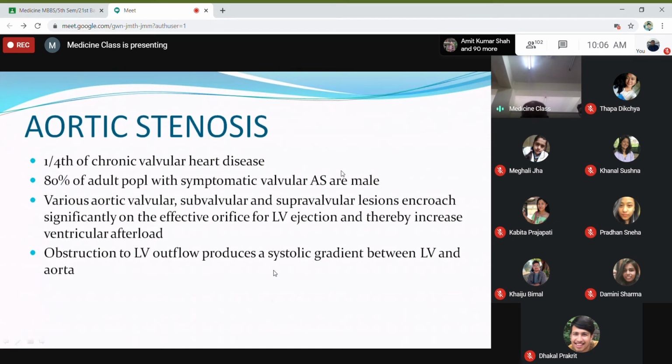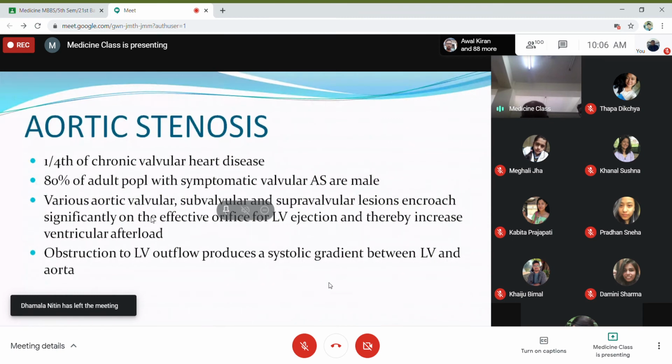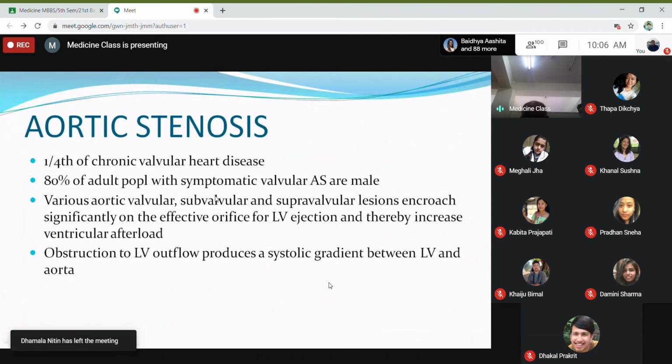And mainly it is obstruction, whether at the level of the valve, below the valve, or above the valve, that significantly decreases the orifice of the aortic outlet and thus decreases the left ventricular ejection fraction and increases the ventricular afterload.